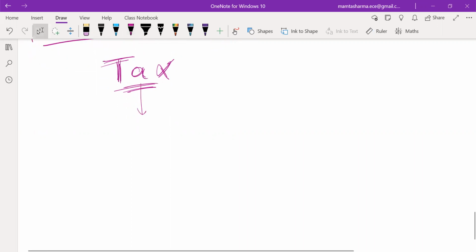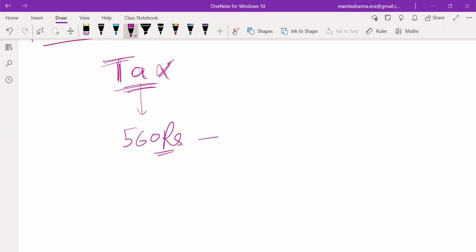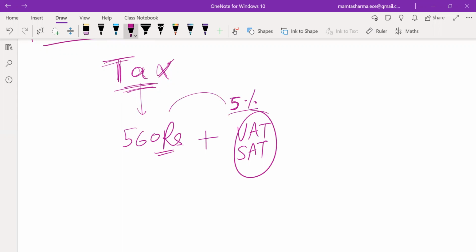Now see, in a hotel restaurant you might have seen, if the bill is 560, they will add tax, value added tax and service tax. If they add 5% tax, 5% of the total bill, then how much money do you need to pay at the restaurant?